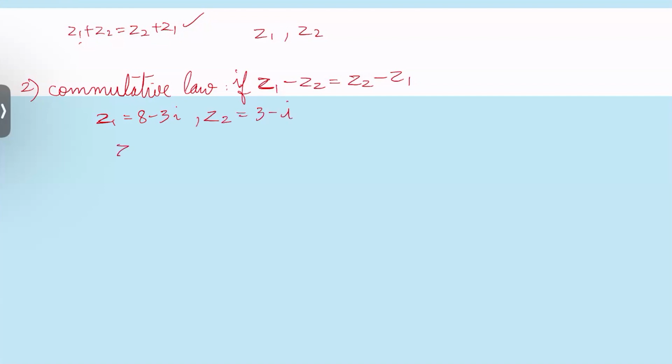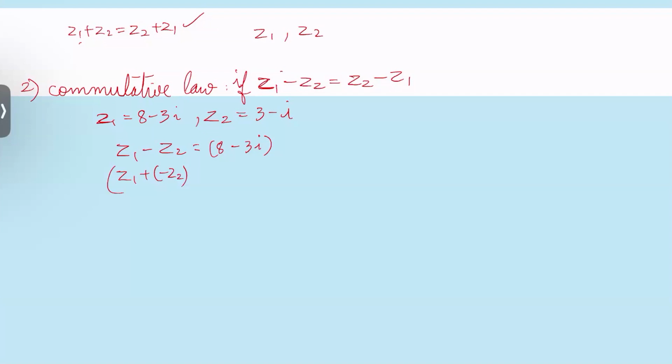So let's first do the LHS part, Z1 minus Z2, which is equal to 8 minus 3i. We will directly write it in the form of the additive inverse, so Z1 plus minus Z2.